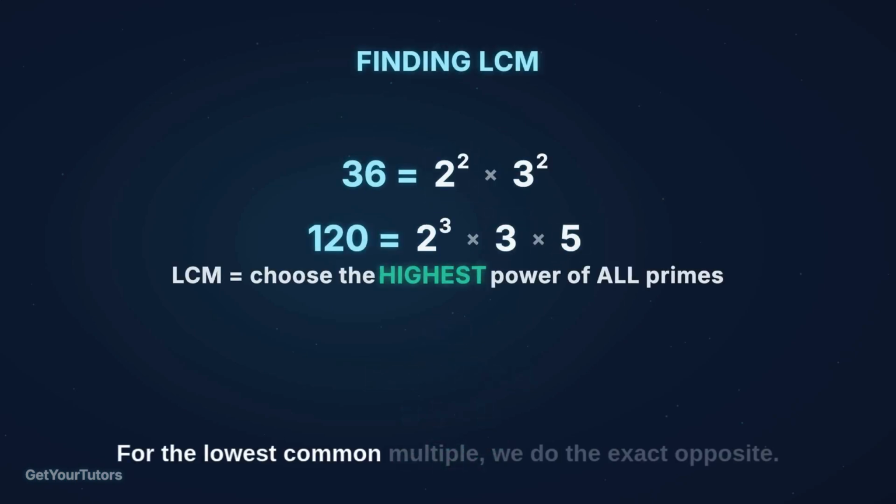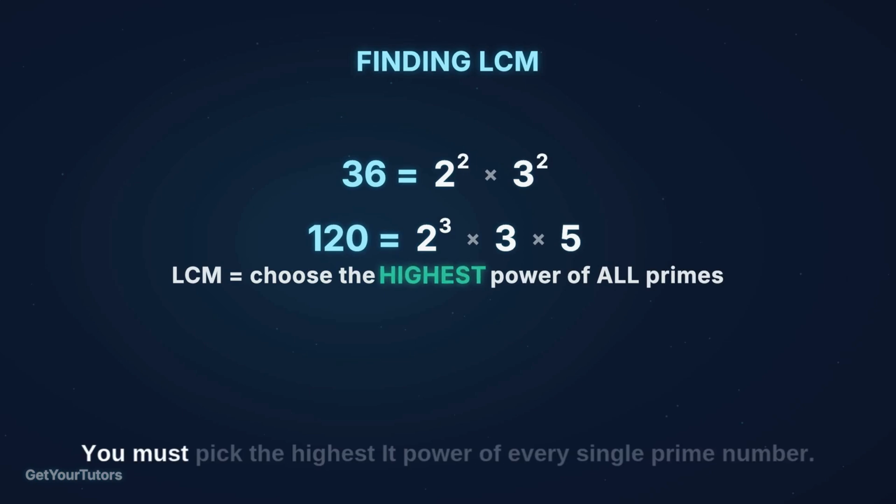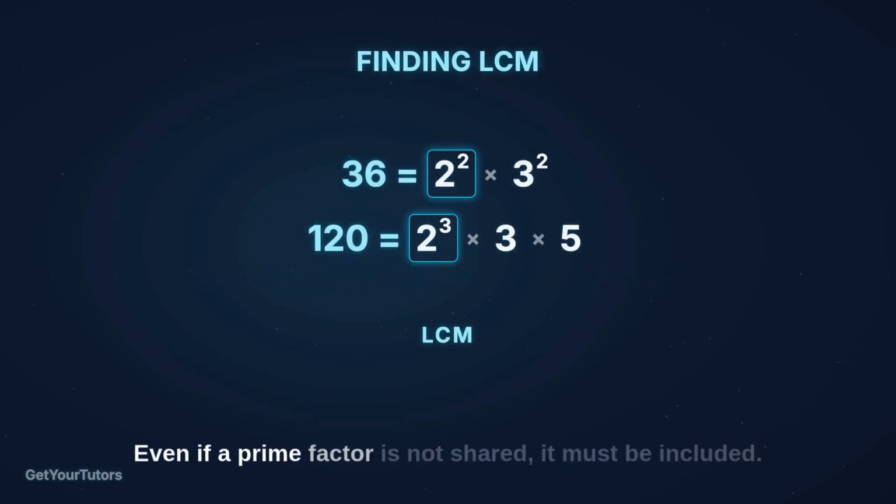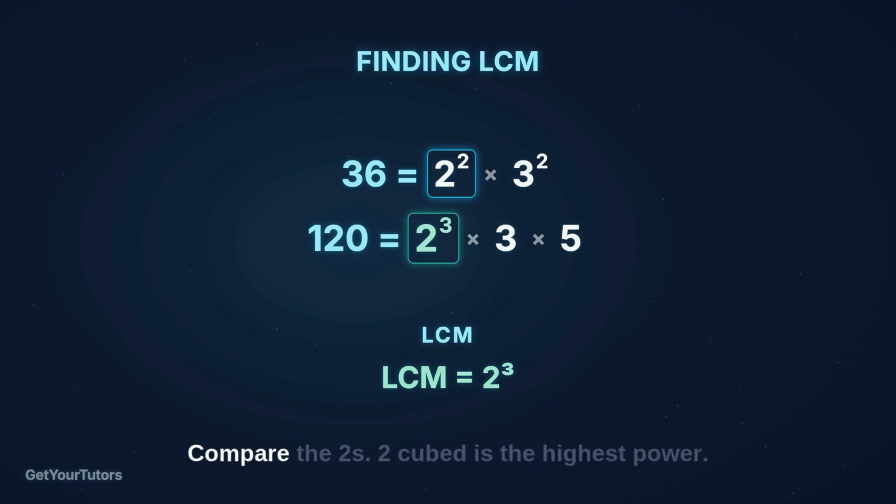For the lowest common multiple, we do the exact opposite. You must pick the highest power of every single prime number. Even if a prime factor is not shared, it must be included. Compare the 2's. 2 cubed is the highest power.